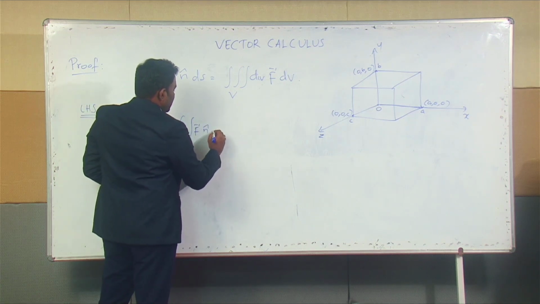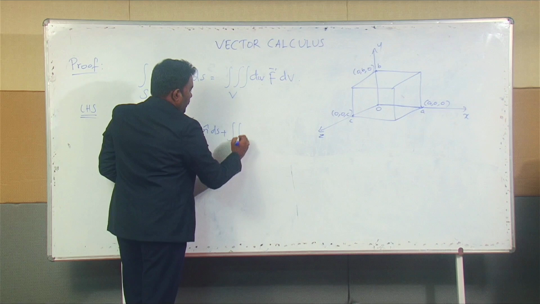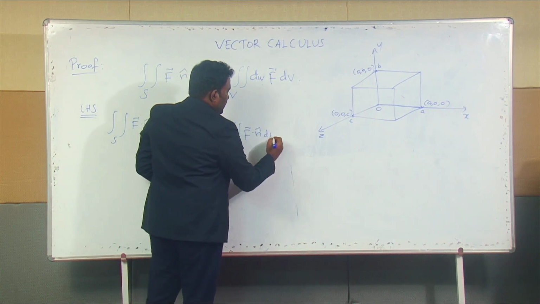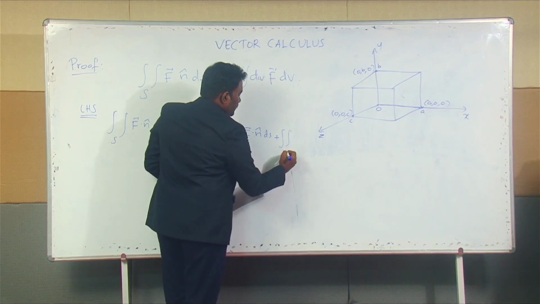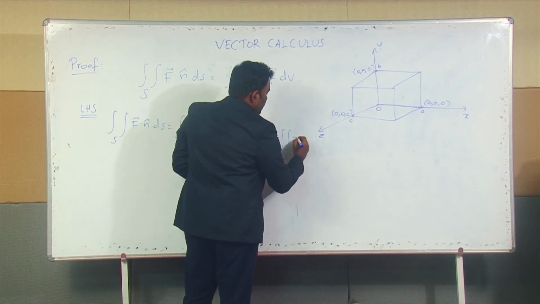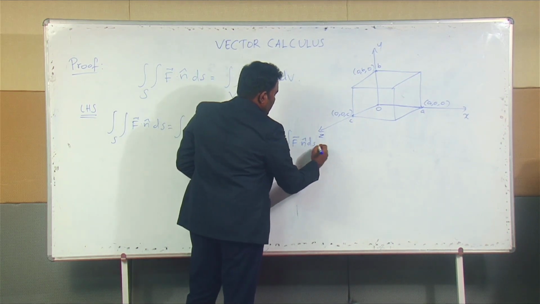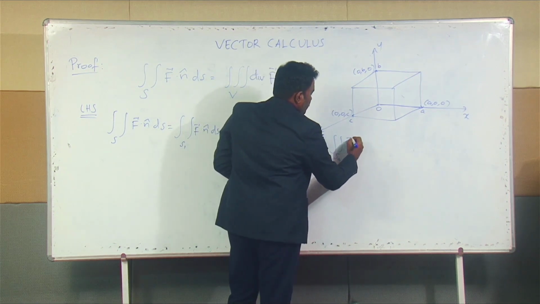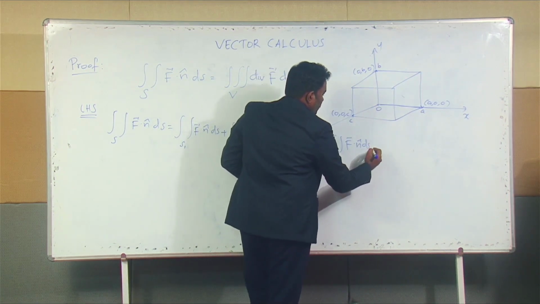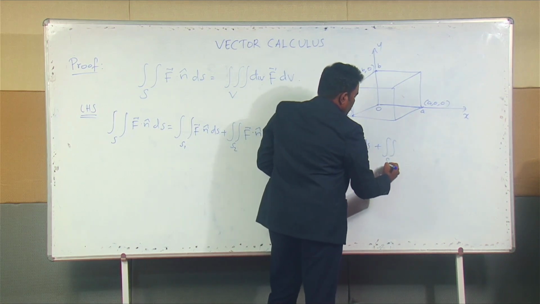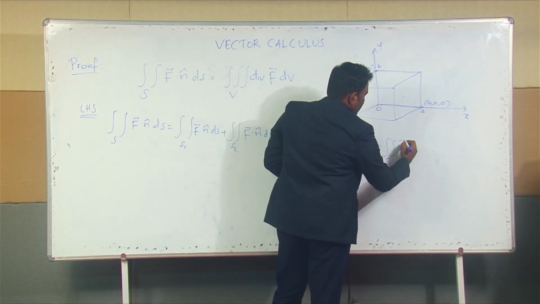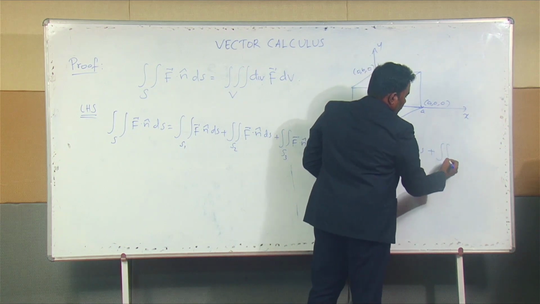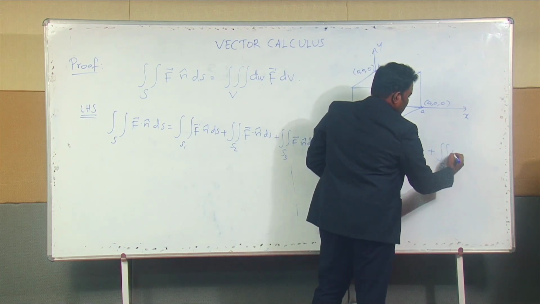Okay, so we order them as S1 F dot n cap dS plus S2 F dot n cap dS plus S3 F dot n cap dS, and then S4, and then S5 F dot n cap dS, and the last one is along S6.